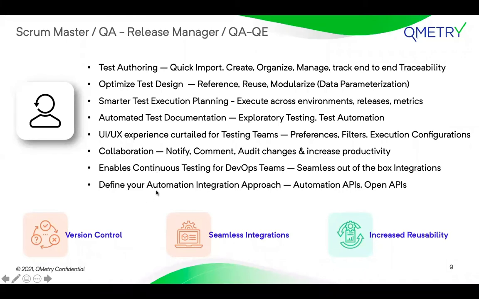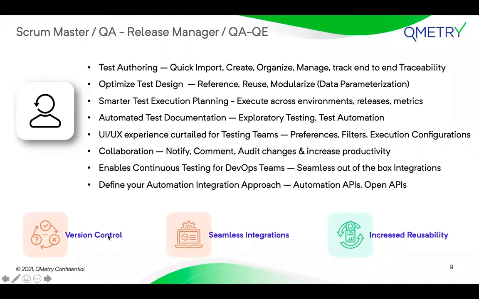Now, you'd also be able to define your automation integration approach. So the way QMetry offers integration, you can either leverage the wide array of automation APIs, or decide to go the open API route and kick off the execution through your CI/CD tool, and QMetry will come back and update the results through and through, from your Jira requirement to test cases to executions to issues.